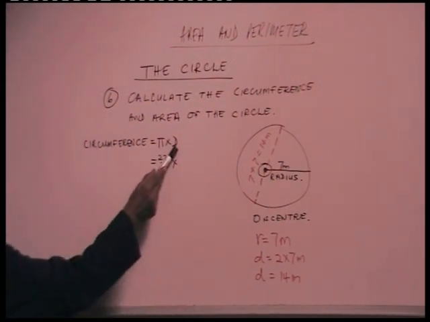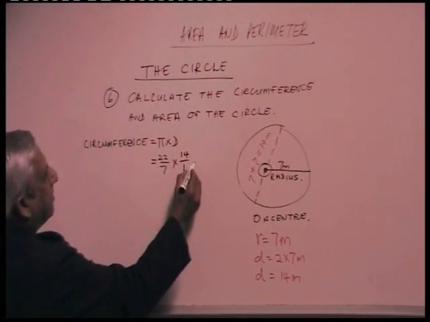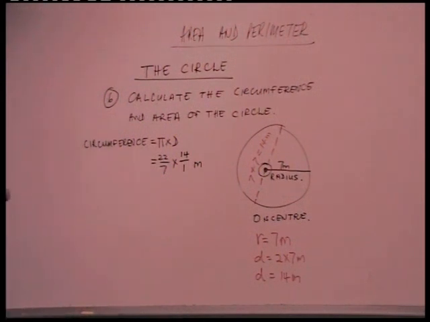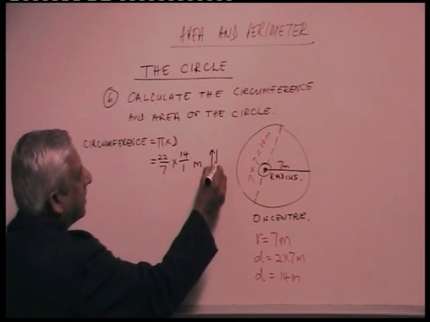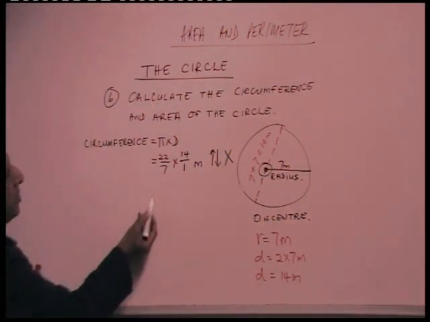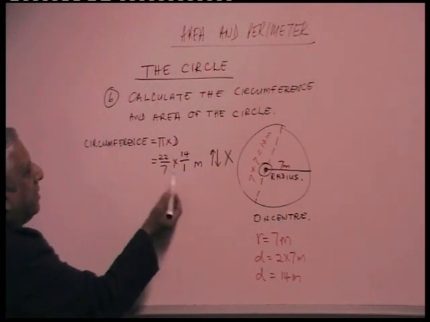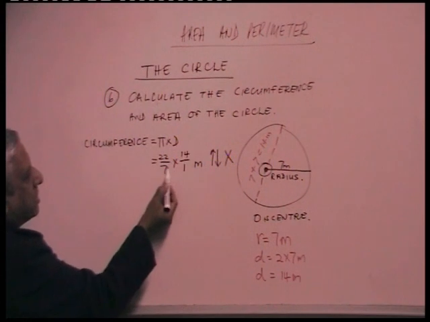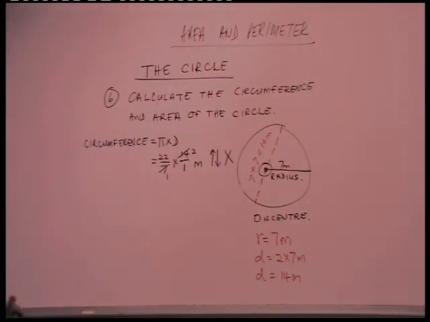Now the diameter is 14 over 1 meters. You can see we are dealing with fractions, and I hope you didn't forget your fractions. You can cancel up and down or in the form of a cross. Cancelling up and down, nothing. Cancelling in a cross, you find that 7 divides into 7 one time, and 7 divides into 14 two times.